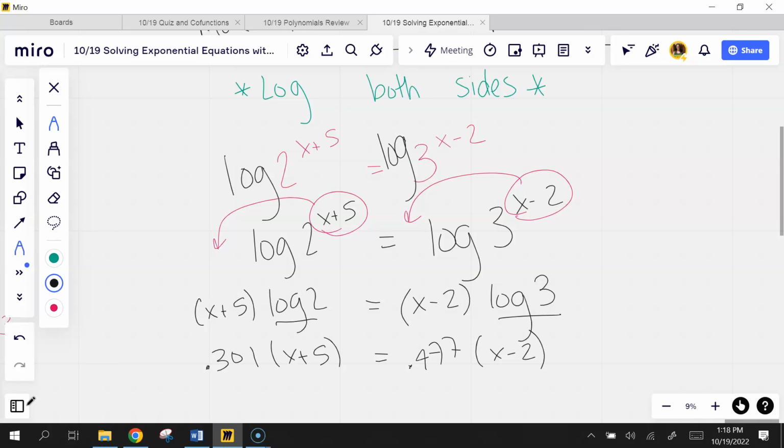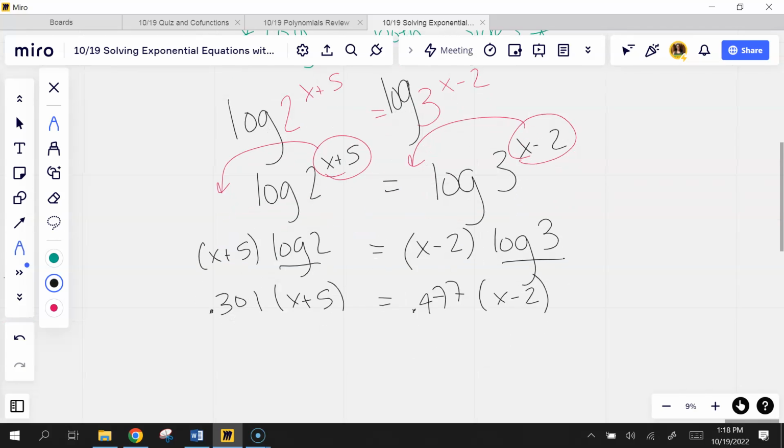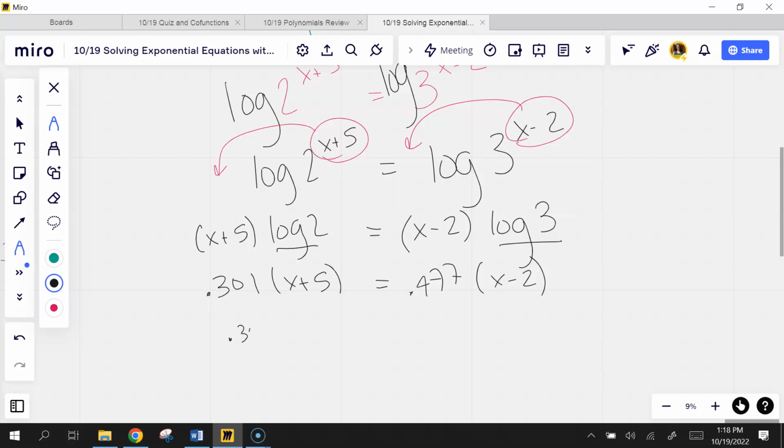Can you solve it now? You should be able to. You could distribute. Yeah, distribute. 0.301x plus, what do you get? 1.505. 0.954. Now solve it.